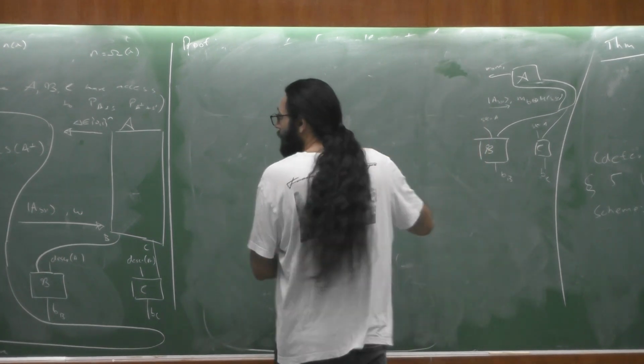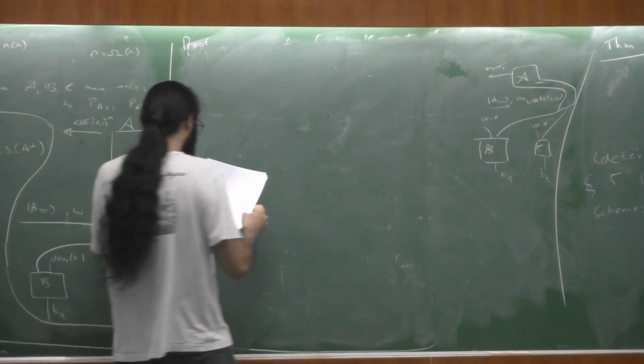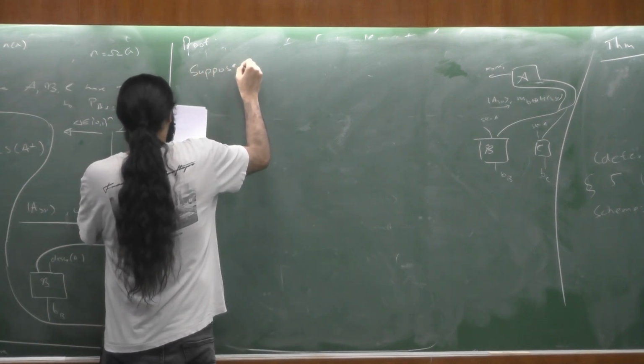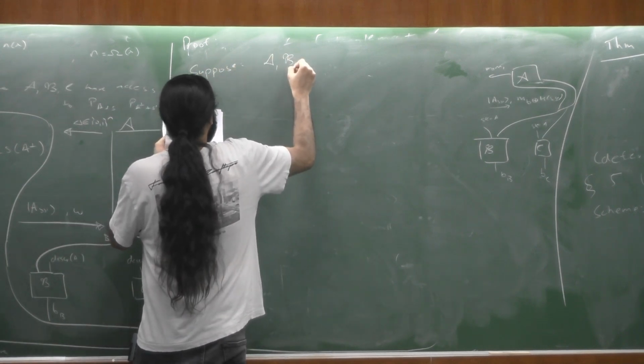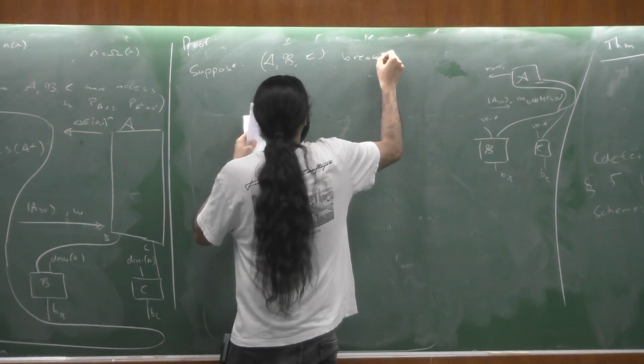Okay, so how does it work? Okay, so suppose that ABC breaks unclonable indistinguishability.